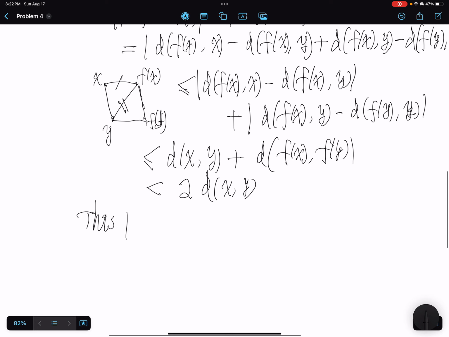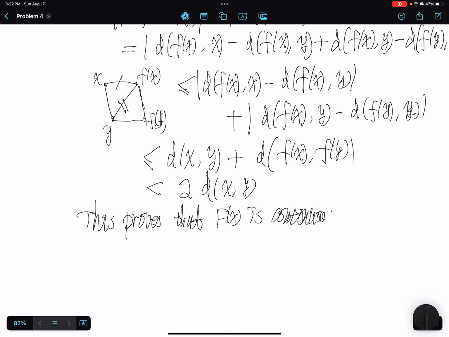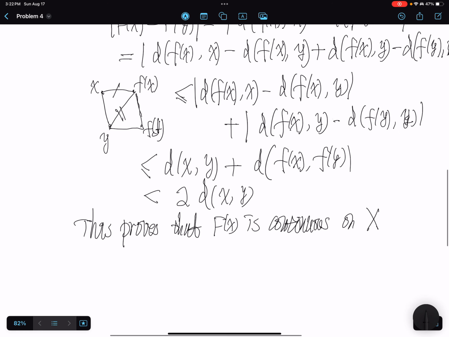This proves that g of x is continuous on X. Now X is a compact metric space and g is continuous, so g attains a minimum.